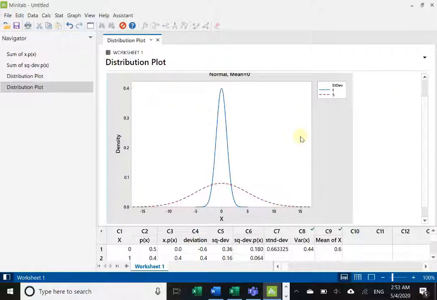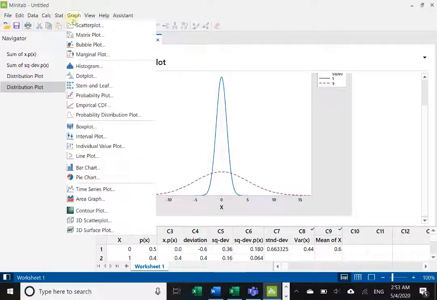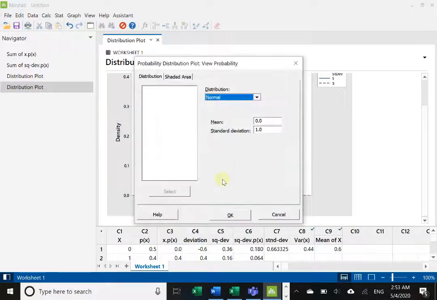All right, and now let's do those probabilities. So I'm going to go to graph, probability distributions. This time, I'm going to go to view probabilities. This is where, later on, you find probabilities for the normal distribution. Hit OK. Now, first you need to define the distribution.